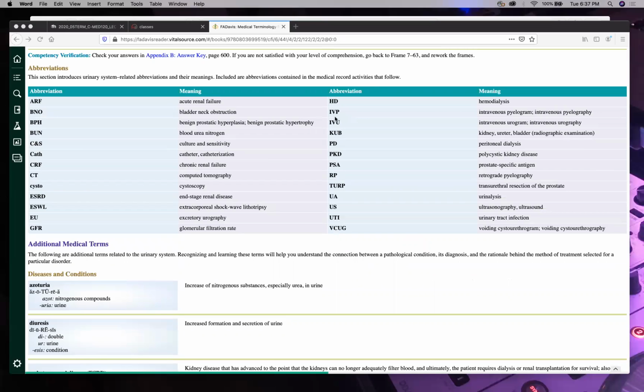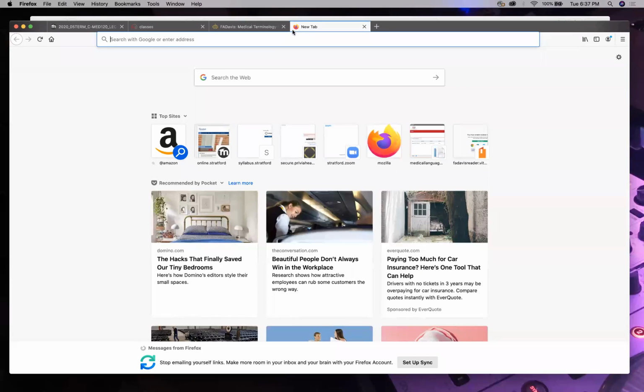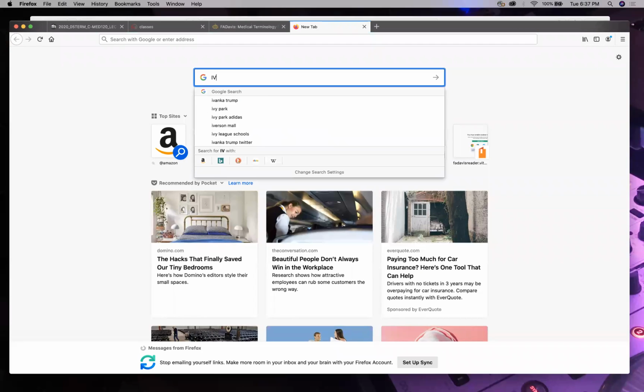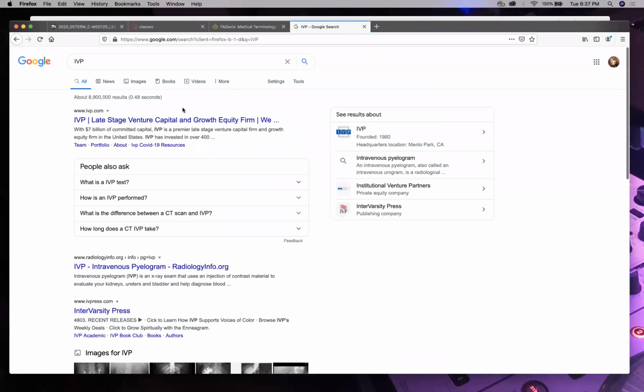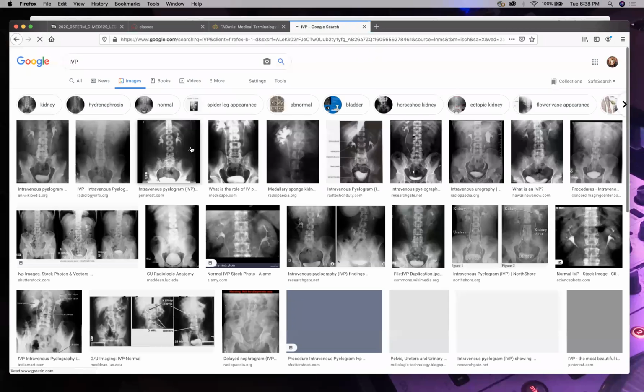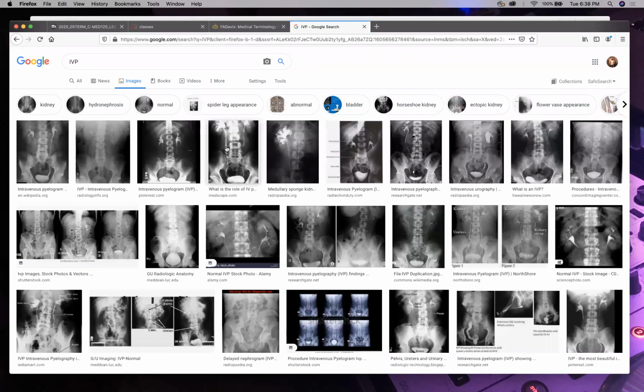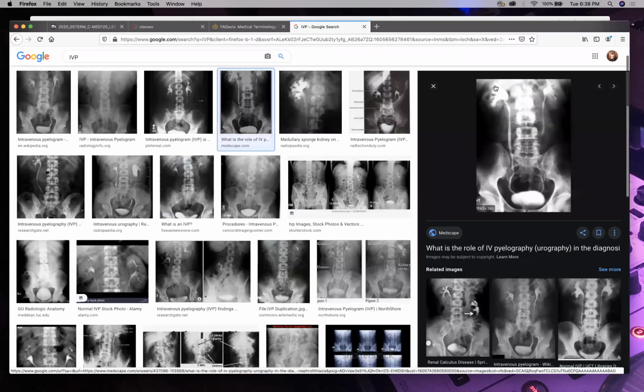Hemodialysis, but we use this term a lot. IVP, or IVU, intravenous pyelogram. Let's show you. We inject into your veins intravenously, and of course, that radioactive marker is going to go into your blood.